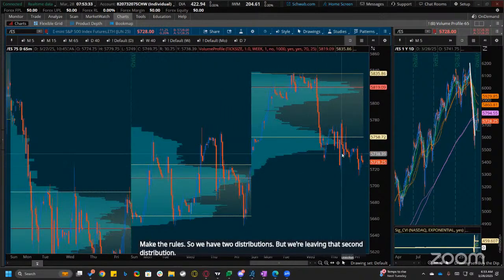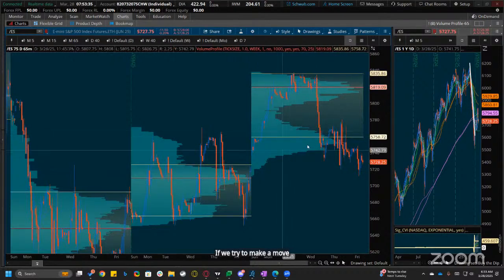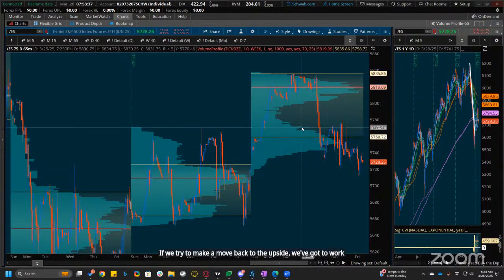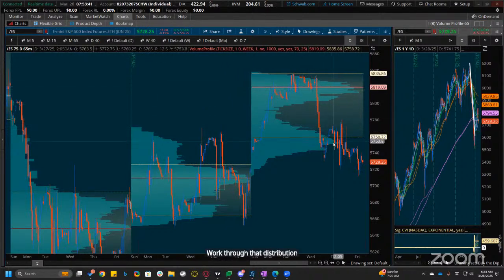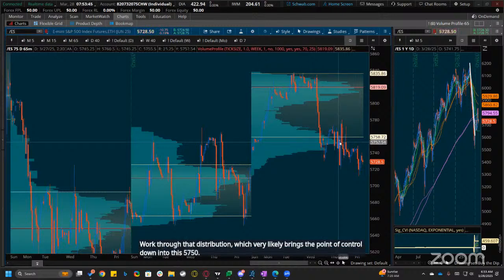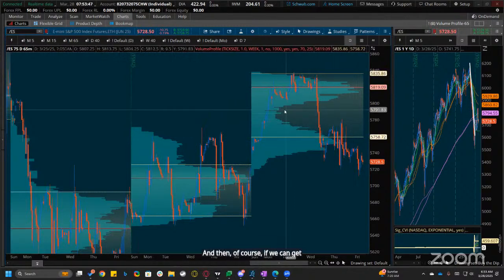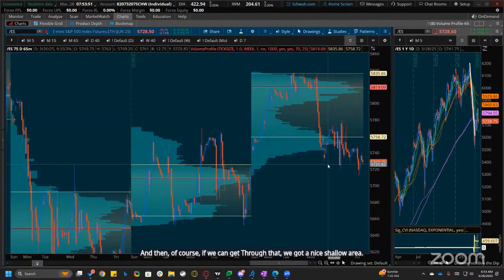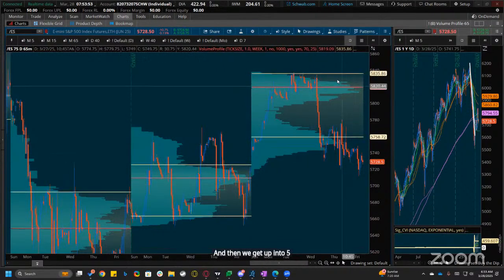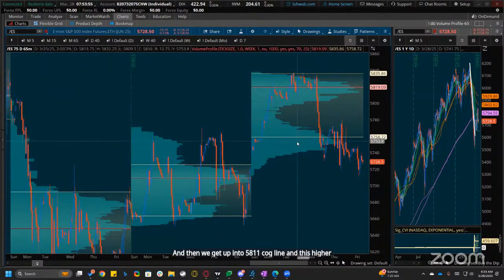If we try to make a move back to the upside, we've got to work through this high value node, high volume, work through that distribution, which very likely brings the point of control down into this 57.50. And then, of course, if we can get through that, we've got a nice shallow area, and then we get up into the 58.11 cog line and this higher high value node.